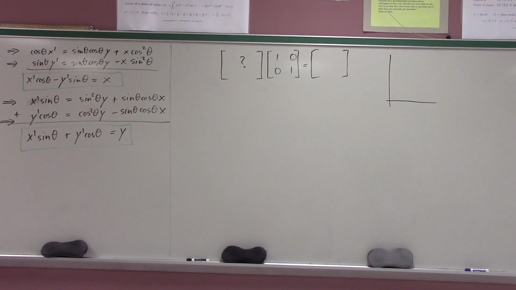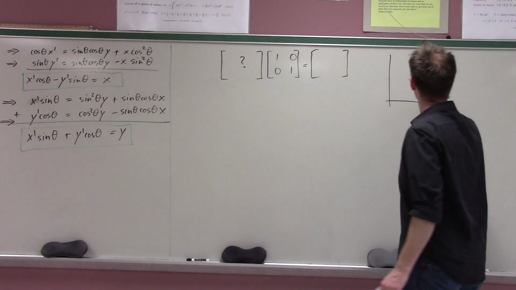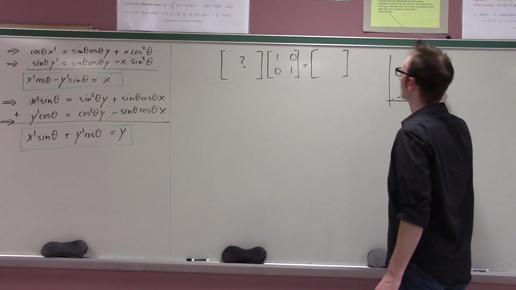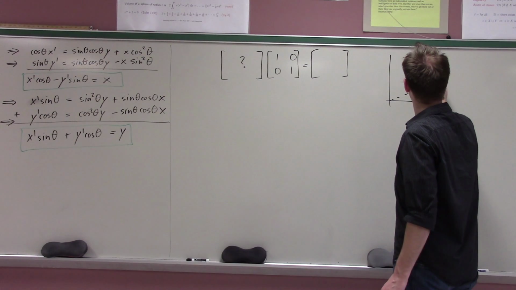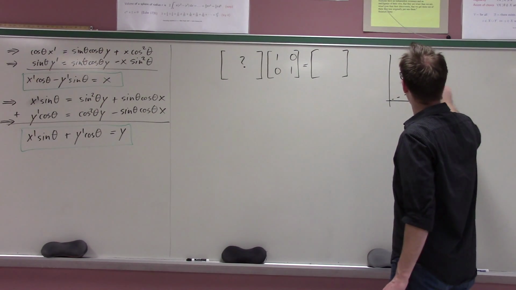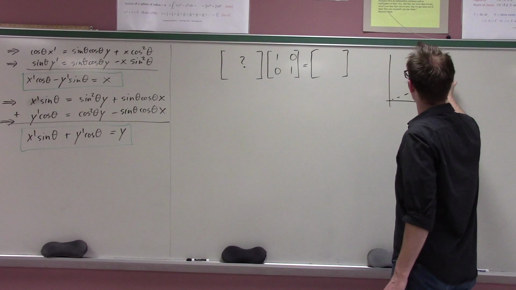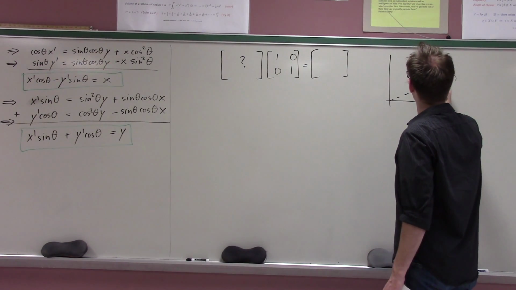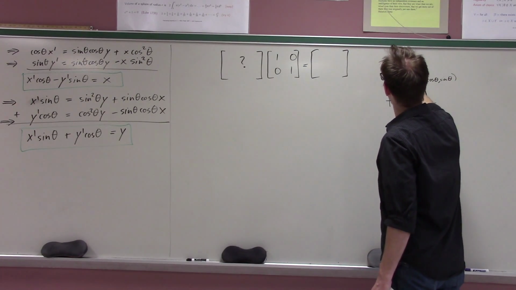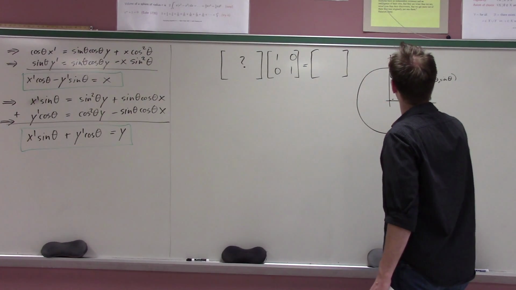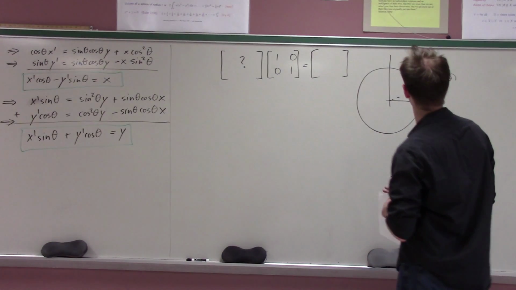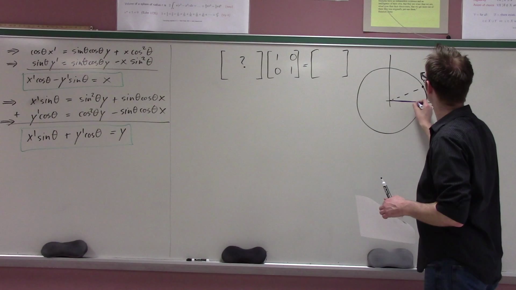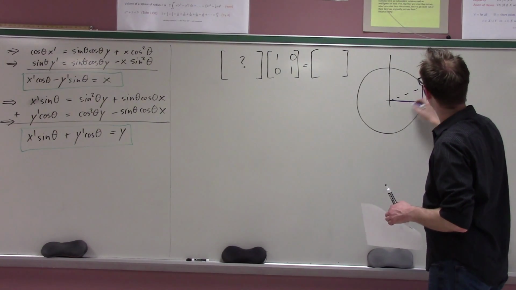So if I have the point 1, 0 and it gets rotated theta degrees, then we end up here, and that point is by definition cosine theta, sine theta. So we can draw a unit circle, a terrible unit circle, and that means that this is cosine theta and this is sine theta.